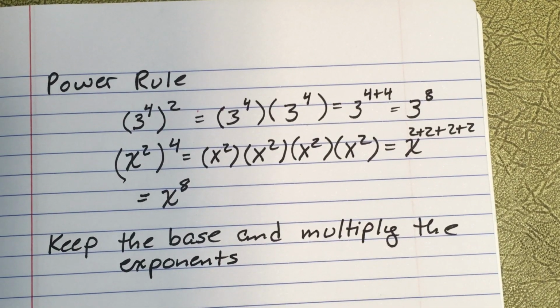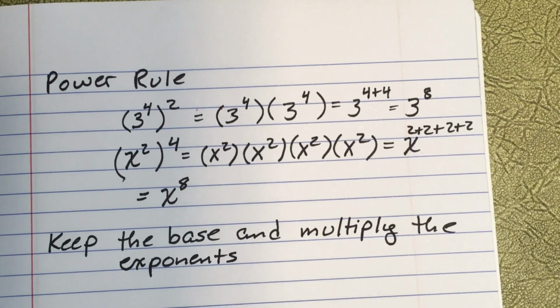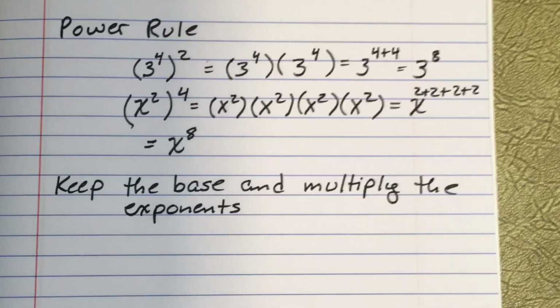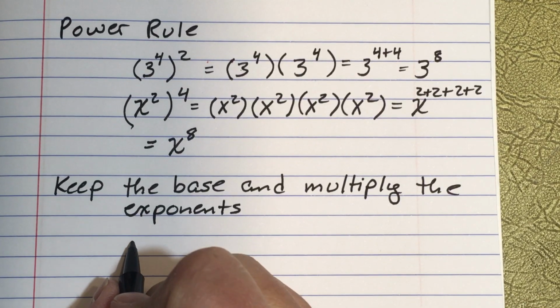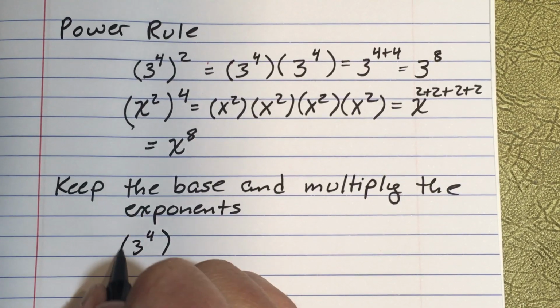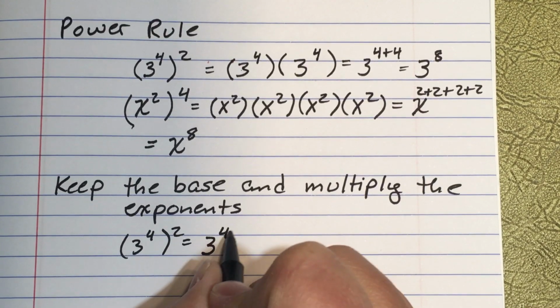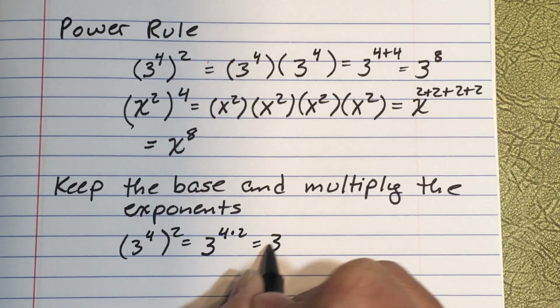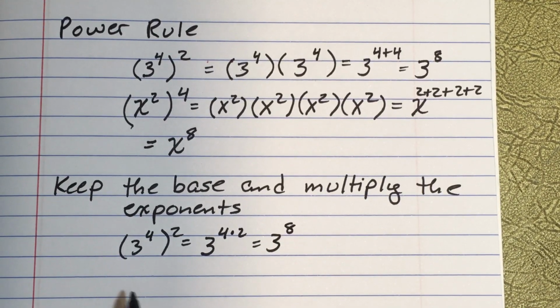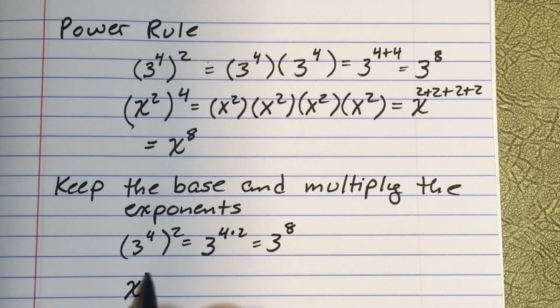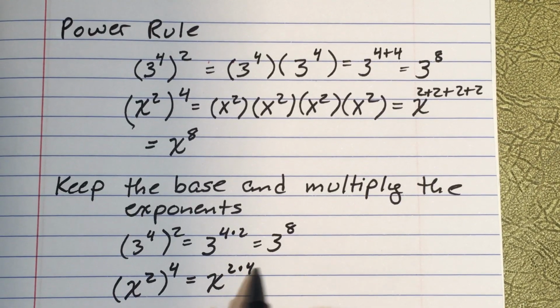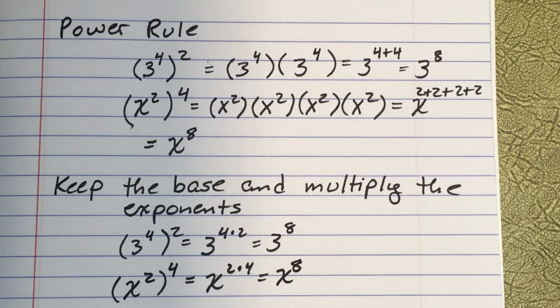So for the top problem, that 3 to the 4th power to the 2nd power, that base would be 3, 4 times 2, and you get 3 to the 8th power. And the x, which is squared to the 4th power, would be x to the 2 times 4, or x to the 8th power. I like the power rule. Kind of makes it a little bit easier.